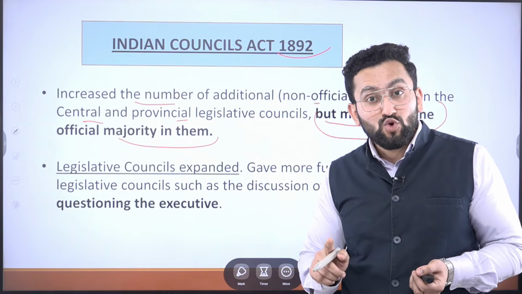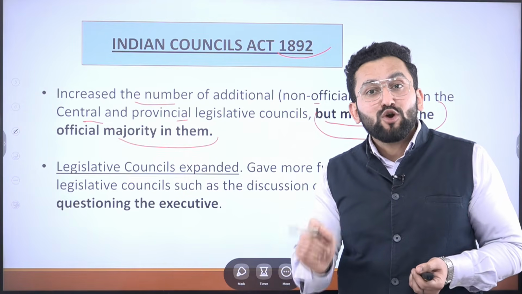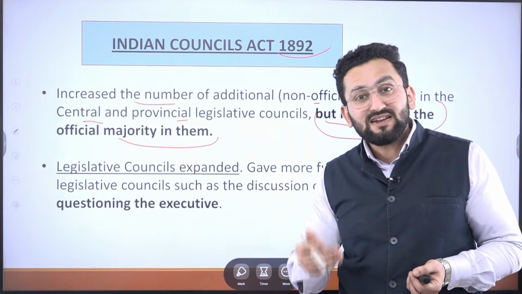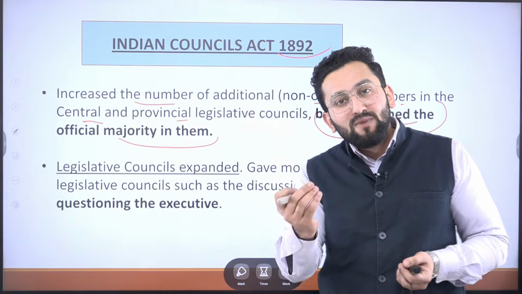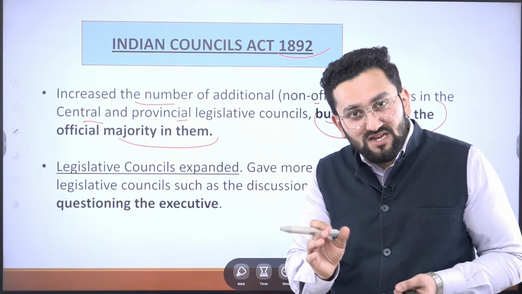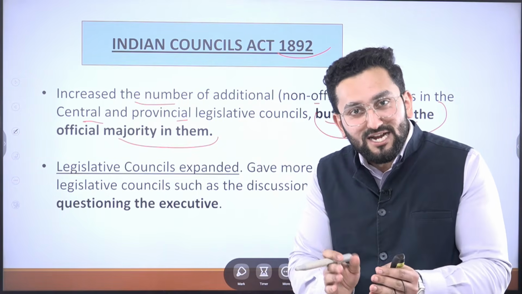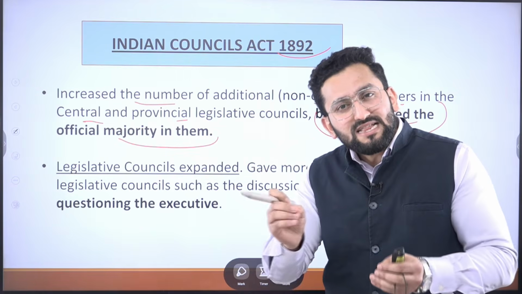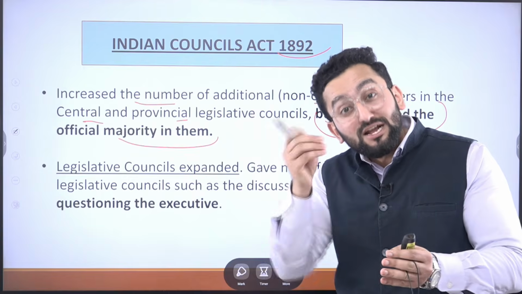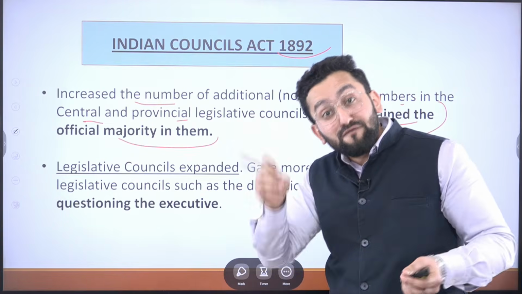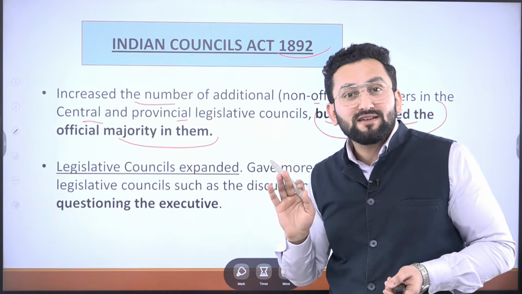And when it comes to deciding whether a law is going to be passed, that decision in the Legislative Council is taken on the basis of majority. My friends, if non-official members are not in the majority, do you expect that they can propose some law for the betterment of Indians, and that it can be passed without the support of officials?